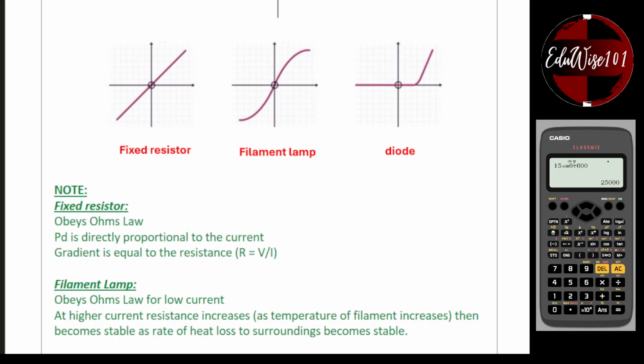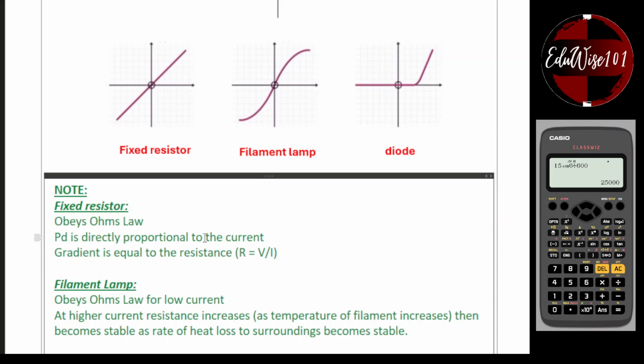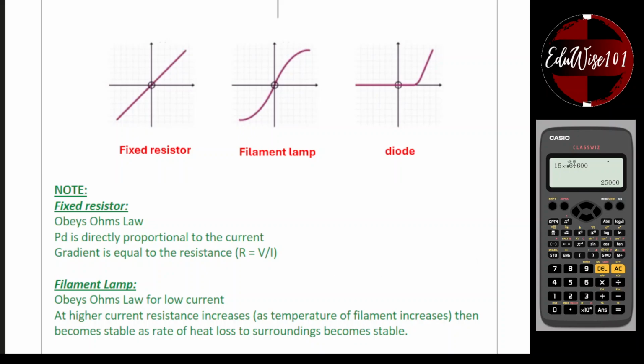That's key. Here, the potential difference is directly proportional to the current, and the gradient should be equal to the resistance from the graph. For a filament lamp, we can say that it is obeying Ohm's law where the line is straight. It is obeying Ohm's law for low current or PD values.